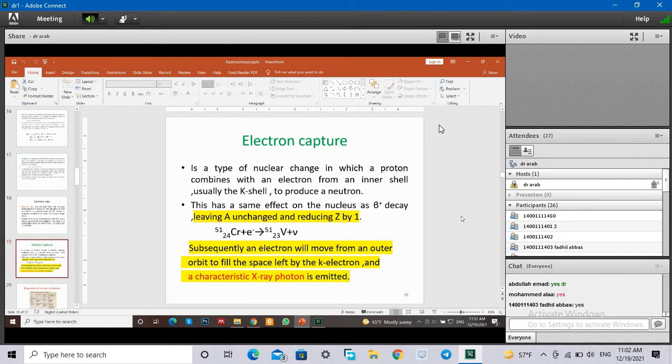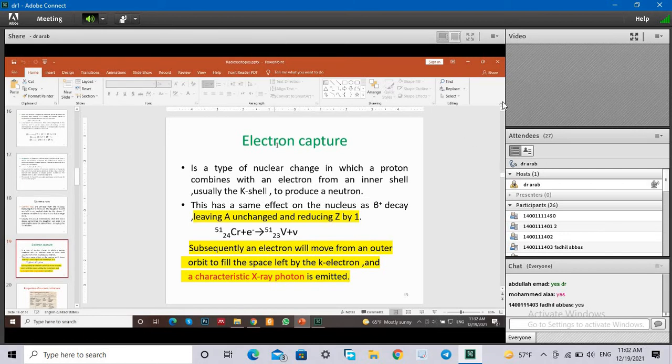Due to losing an electron from the inner layer, subsequently an electron will move from an outer orbit to fill the space left by, for example, the K electron, and so in this situation the characteristic X-ray photon is also emitted. I can say electron capture is one of the nuclear reactions that is accomplished with X-ray photon emission.